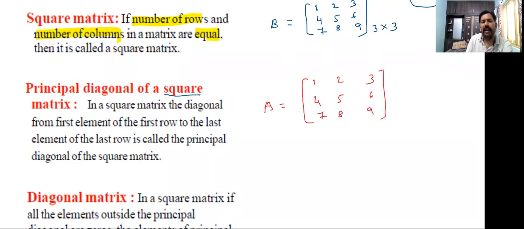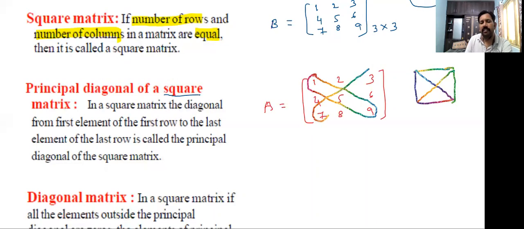This is a square matrix. So what is the principal diagonal? The first element of the first row to the last element of the last row. These elements we will say are principal diagonal elements. Generally, we know that for a square, how many diagonals are there? This is one diagonal, this is another diagonal. Here also one more diagonal is there, 7, 5, 3.